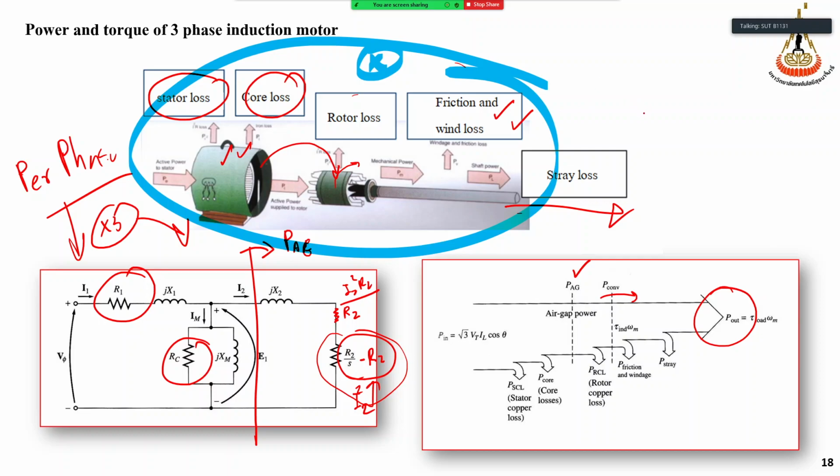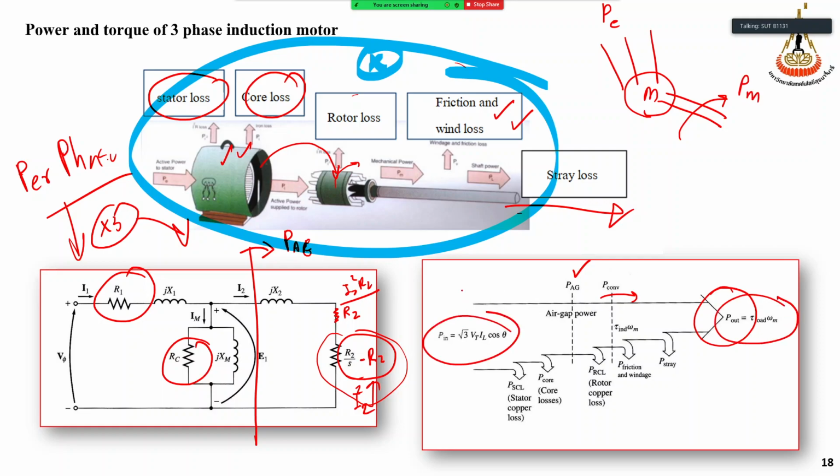In practice, if we have the motor, we know the power output, we know the power input, we know PE, and we know PM. So we know this value and this value, right? We know P in and P out. So we don't care what the parameters are.